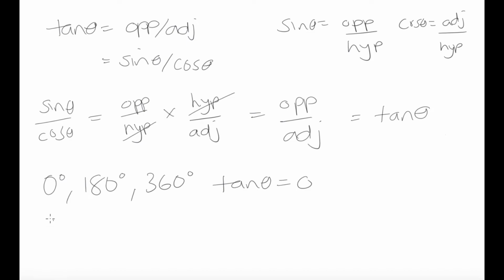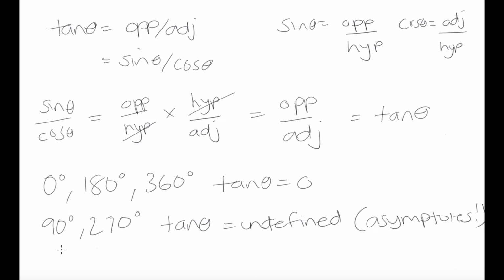So we know that at 90 degrees and at 270 degrees, where cosine of theta is equal to 0, tan theta is going to be undefined, because that would mean dividing by 0, which is not allowed. And what's going to happen here at 90 degrees and 270 degrees is that we're going to have asymptotes. We are going to see vertical asymptotes.